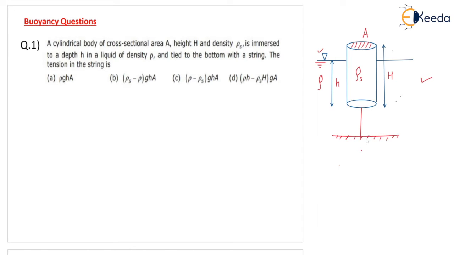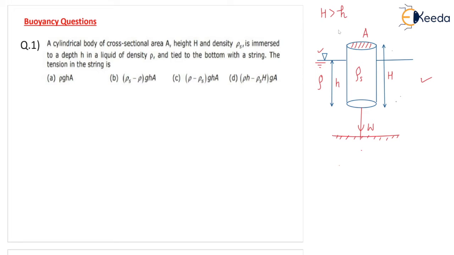So we have to just equate the forces. What are the forces acting on the body? First of all, the weight of the body, which always acts vertically downward, correct? And as per the question, this body is in a floating condition, because capital H will always be greater than small h.